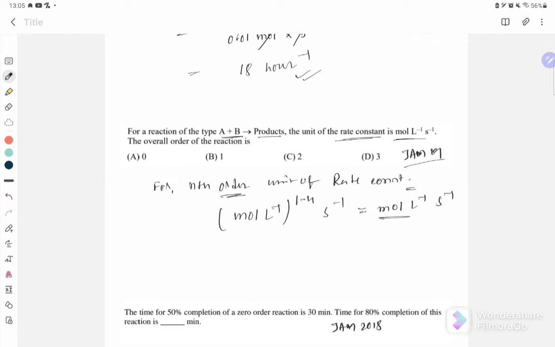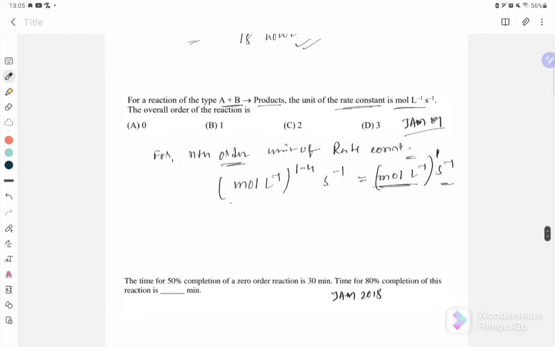The second inverse is the same, but for mole, if it is to the power 1, it will be the same. So 1 minus n is equal to 1 from the above equation.